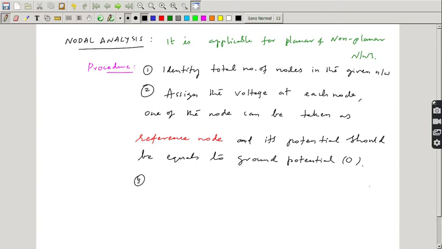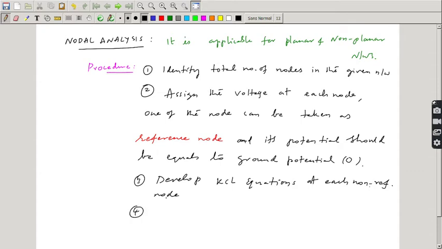Next, third point, you can develop KCL equations at each non-reference node.